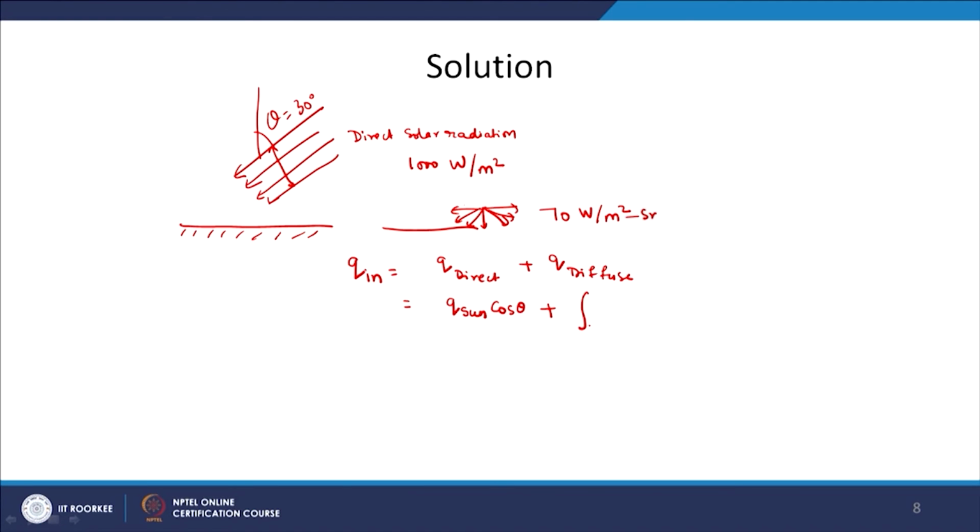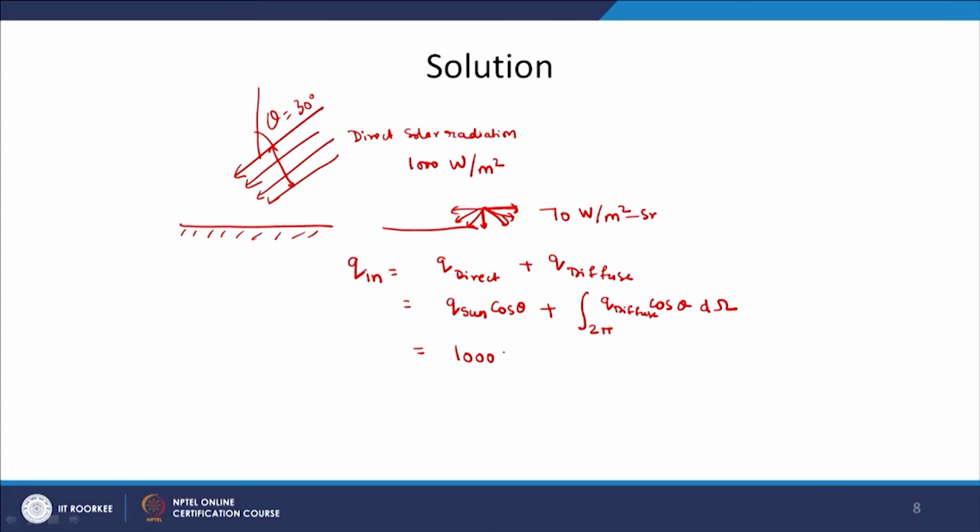So, this will be equal to the integral over 2 pi of d omega Q diffuse cos theta, because we have to find the normal component. So, energy will be the normal component of Q diffuse. It is coming from all directions; definitely some components of Q diffuse will not contribute to any flux, while others will contribute more. So, we have to find all the components and integrate over the solid angle.